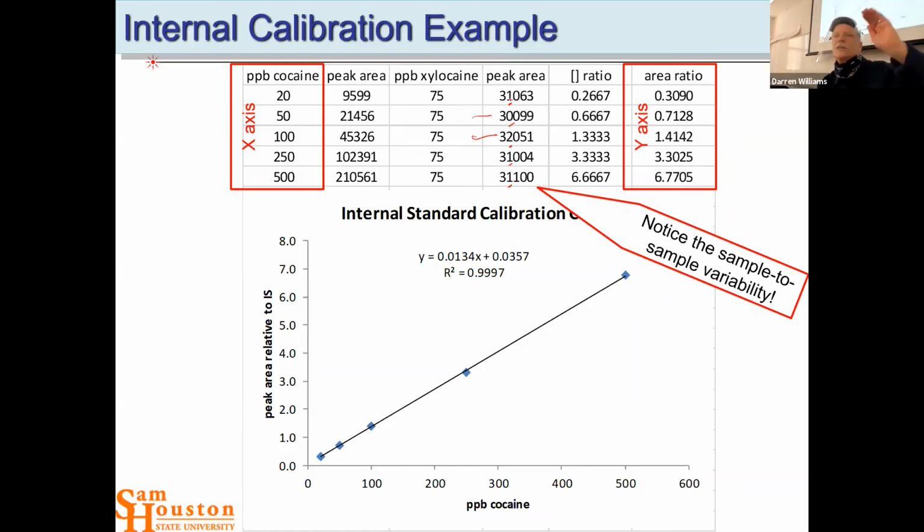So the ratio signal is going to be scaled by the internal standard, and that's what we're calling this area ratio. And so that's our y-axis now. We have peak area relative to the internal standard versus parts per billion cocaine. And we have quite a different model. Now our M and B are really small numbers, but that's irrelevant.